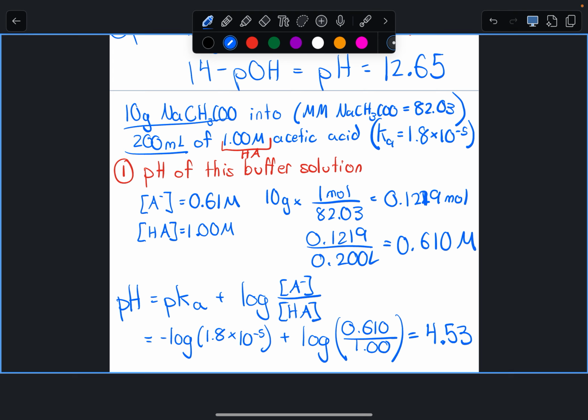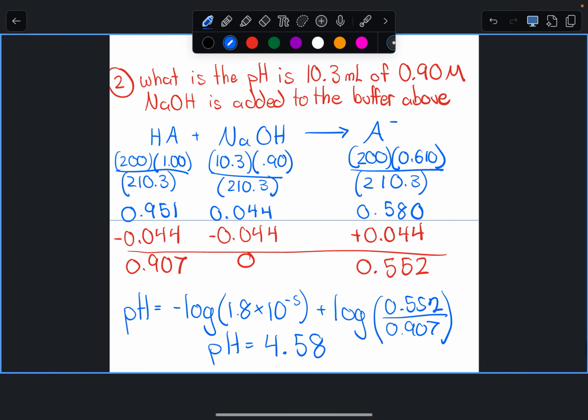That I'm pretty sure is right. Fifth log of 6.1 over 1, 4.53. Okay, that one's right. NaOH to A minus.